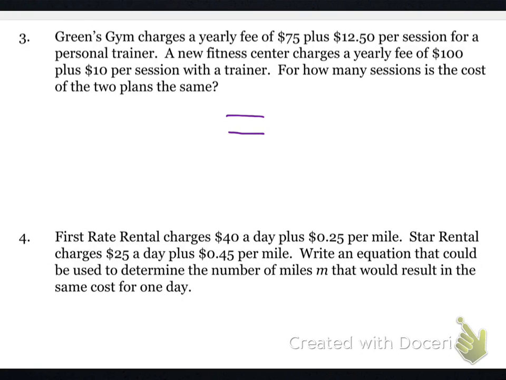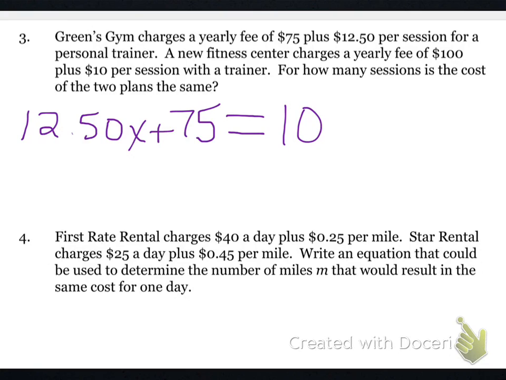So on the left side, the expression would be $12.50 per session, so I'm going to say that's X, plus a yearly fee of $75. And then on the right side, for the new fitness center, I'm going to have $10 a session plus a yearly fee of $100.